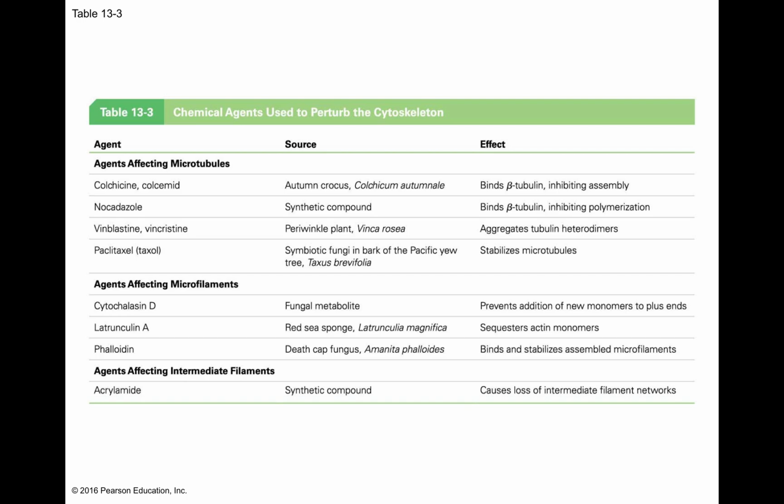And if you prevent them from constantly being replaced, then you get sick to your stomach or your hair falls out. Okay. But we can use these in cell culture to try to figure out how these microtubules work by chemically making them stable or chemically making them fall apart.